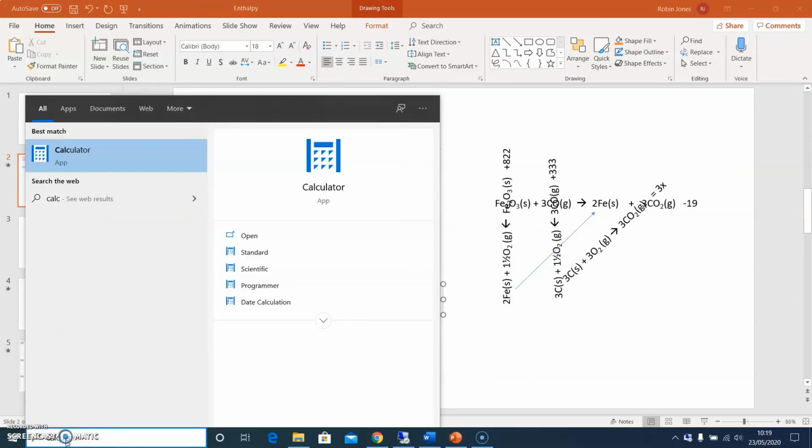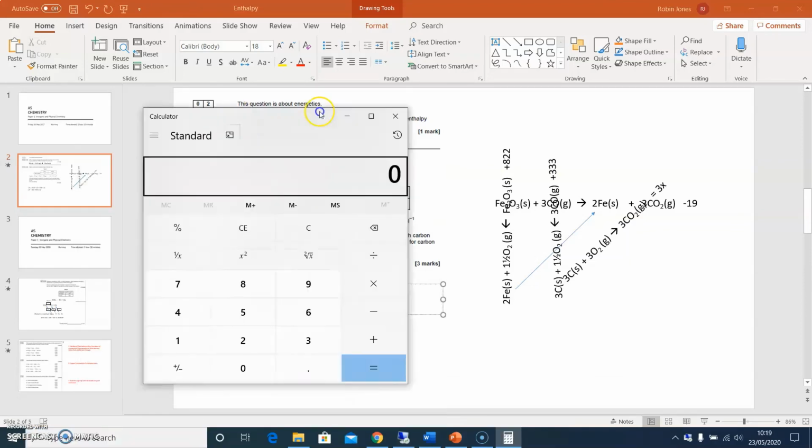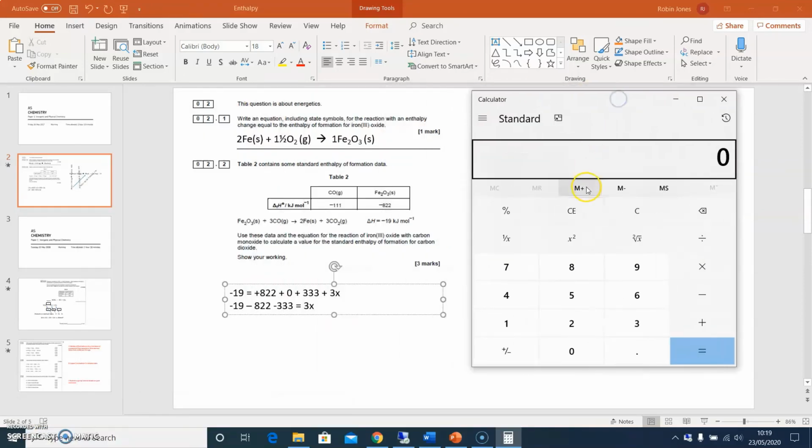Let's just run a calc, just to show you, although we can do this in our head. 19 minus 822. That's not right.